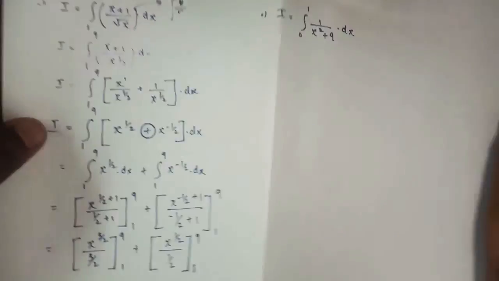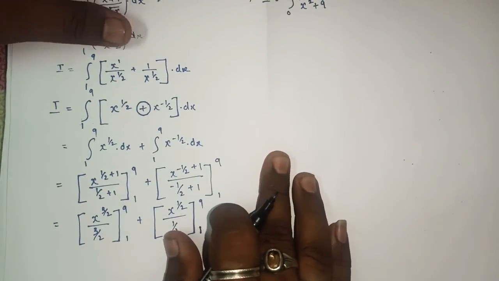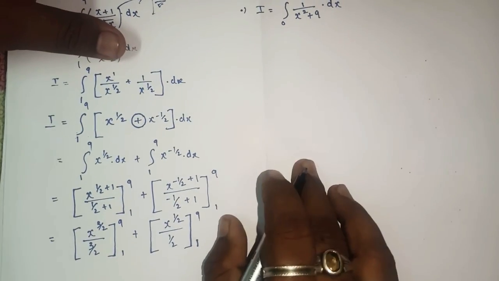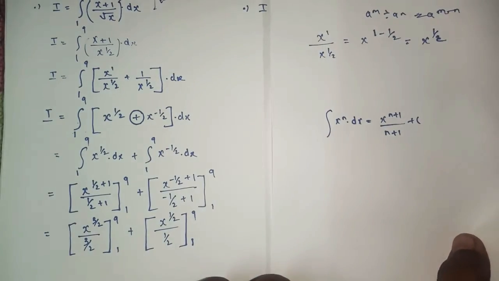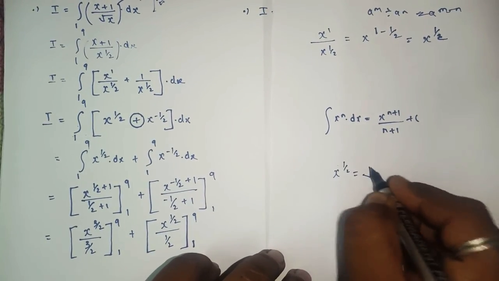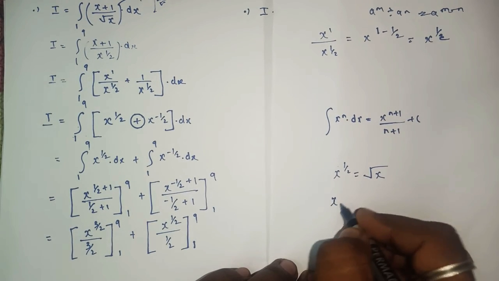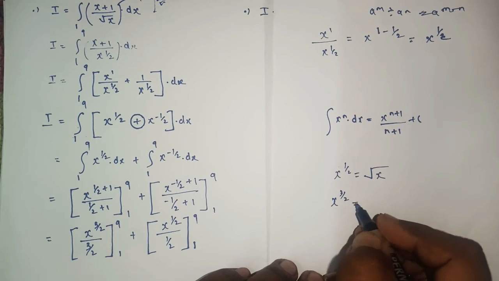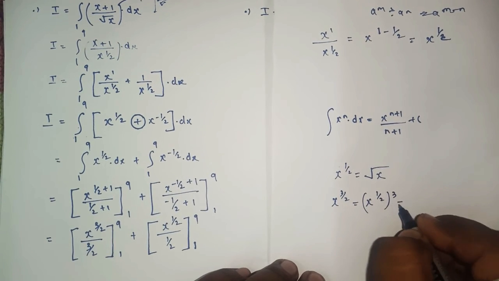So now after this, can I write this x raised to 1 by 2 as root x? And x raised to 3 by 2, can I write this as x raised to 1 by 2 like this?